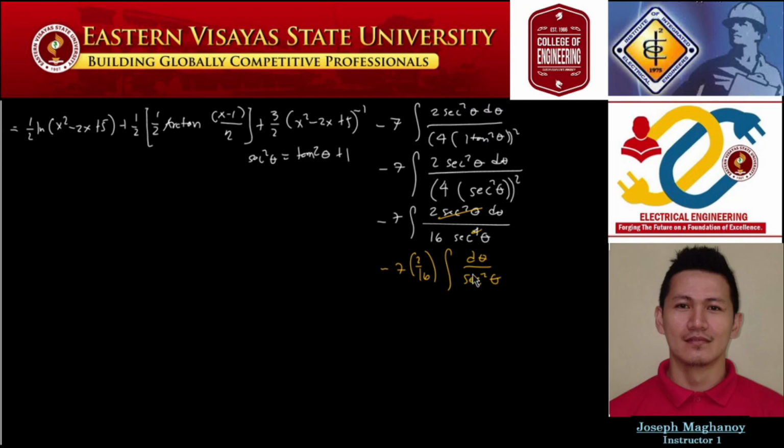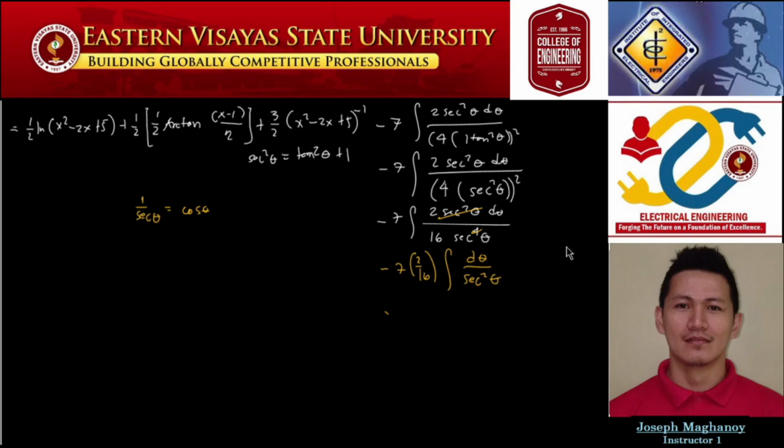So can we integrate this now? We need to replace. Also, we need to use some identity. We all know that 1 over secant theta is equal to cosine theta. So we replace secant squared. So 7 times 2, that is 14 over 16.